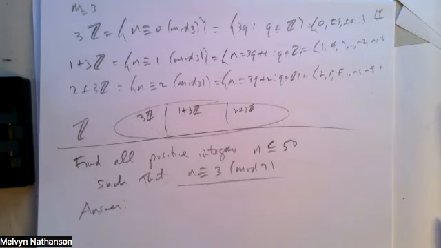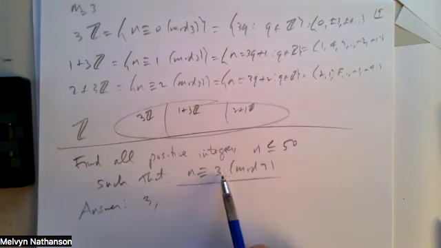Is 50 congruent to 3 mod 7? What are the numbers congruent to 3 mod 7? Well, of course, 3 is, because every number is congruent to itself. So 3 is certainly congruent to 3 mod 7.